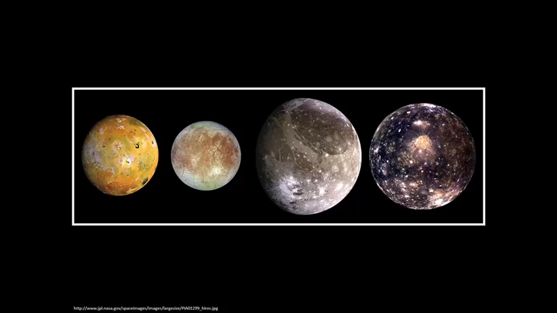I mentioned that Jupiter has a ring system. This is Jupiter and then the sun illuminating it from behind, so we can see its rings here. Jupiter has an equatorial radius of about 55,000 miles. Okay, so from the center to out here is 55,000 miles.